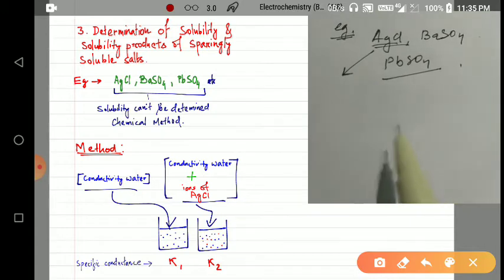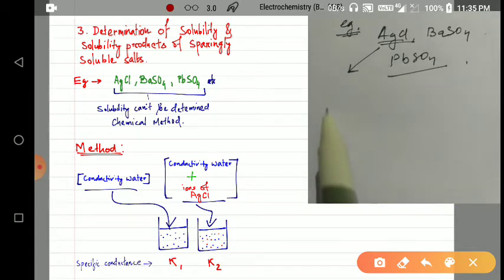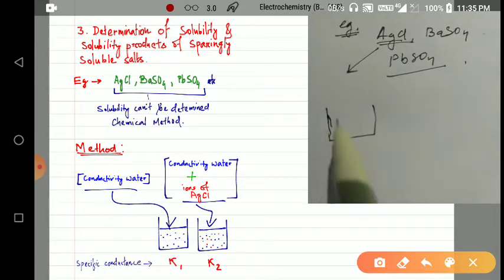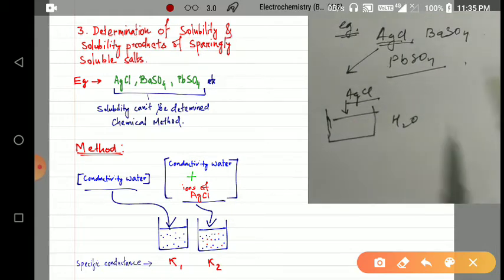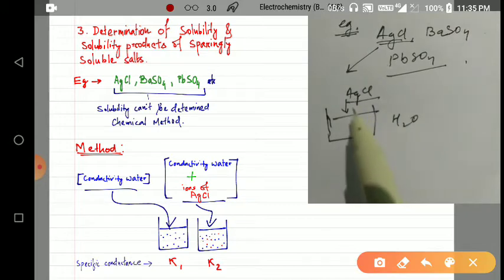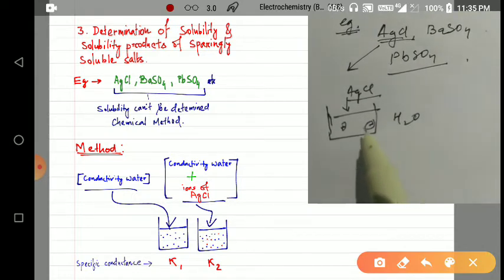The main reason is that if you prepare a solution, let's suppose silver chloride in water, because it is not easily soluble, it will generate only a very small amount of ions. That means the concentration of this solution is very small.